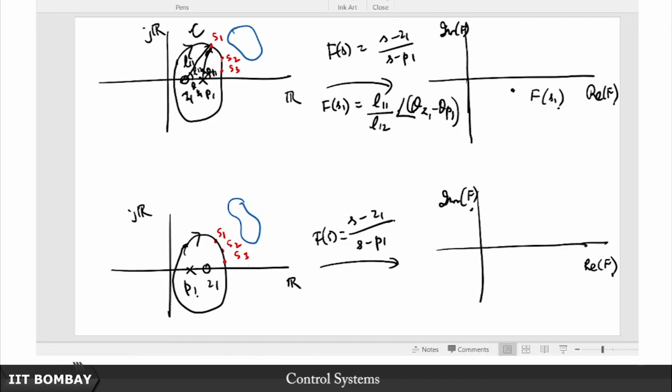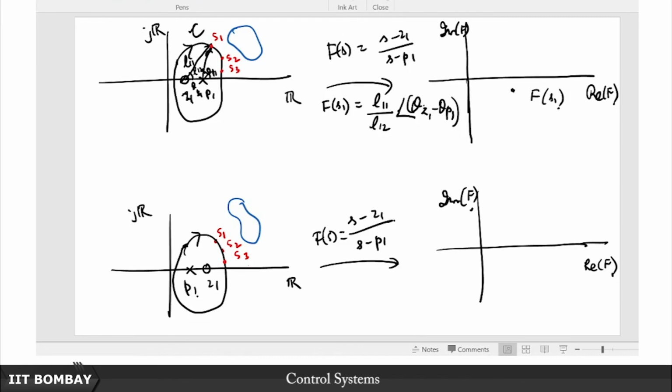Now let's go to S2, okay. What happens at S2? Of course, at S2 also the angle theta P2 is greater than the angle theta Z2, yeah.